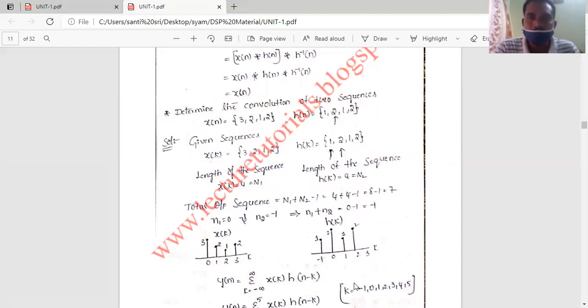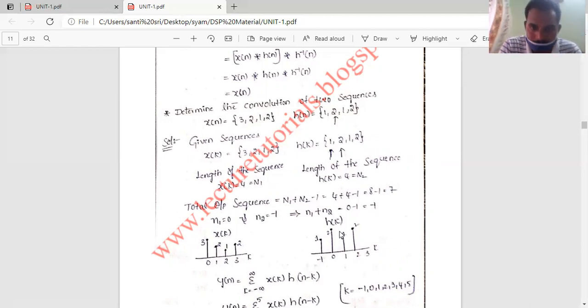After that, from where is set 1 started, and from where is set 2 started, from which value? One starts from 0, the other starts from minus 1. So 0 plus minus 1 is minus 1. So our resultant values also start from minus 1, for 7 numbers.